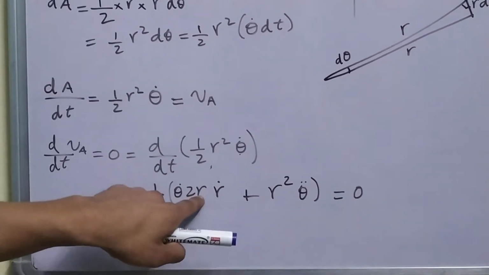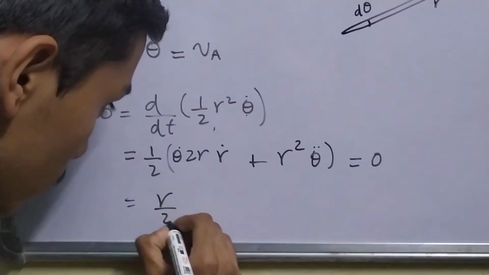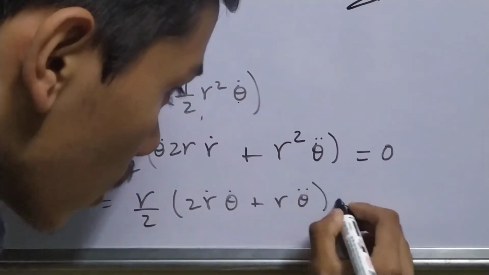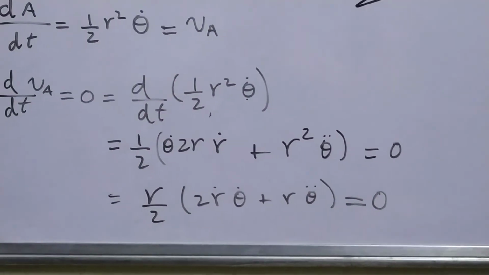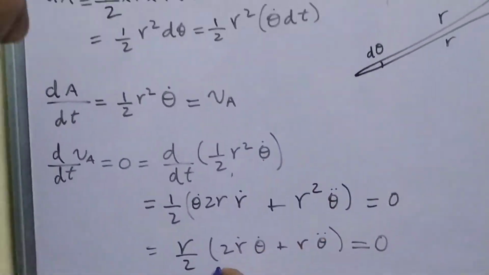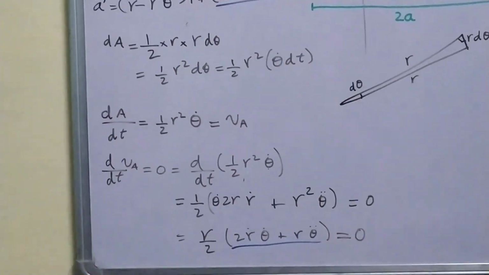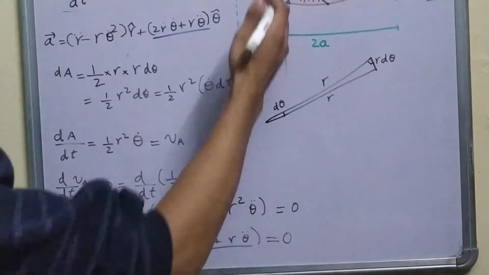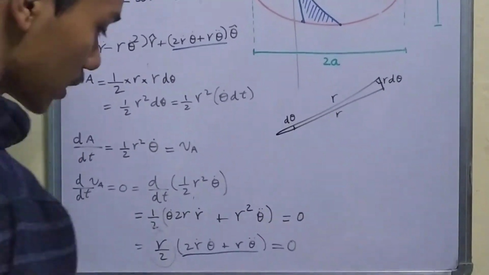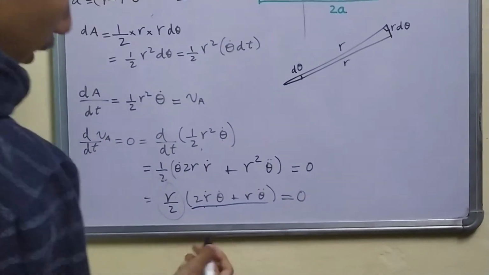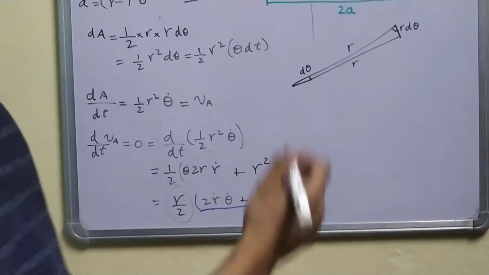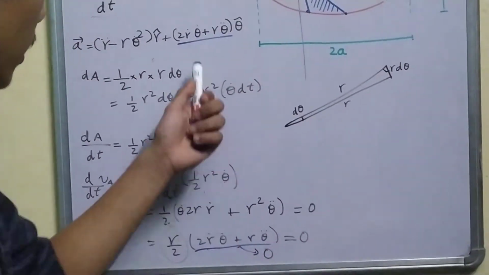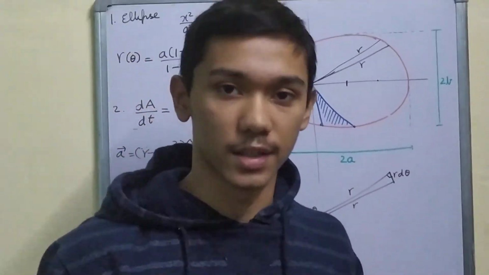So you can take r common, and we get r by 2 times (2 r dot theta dot plus r theta double dot) equals 0. Of course r is obviously not 0, so r by 2 is not 0. Therefore this quantity 2 r dot theta dot plus r theta double dot has to be equal to 0, and this is the tangential component of your acceleration.